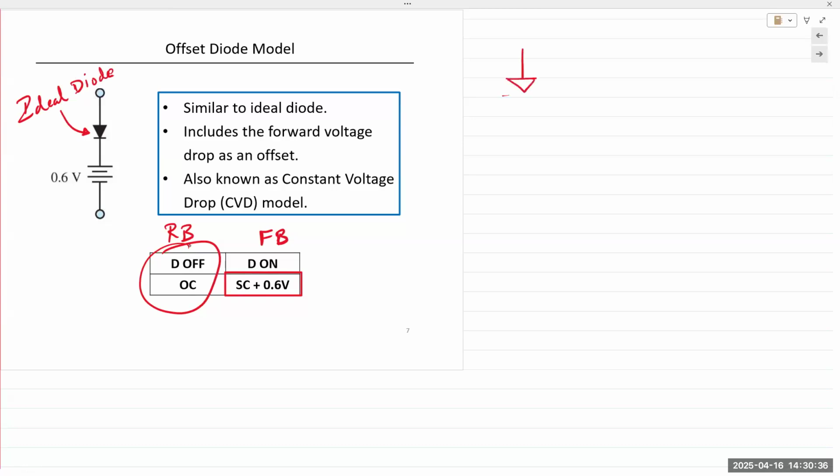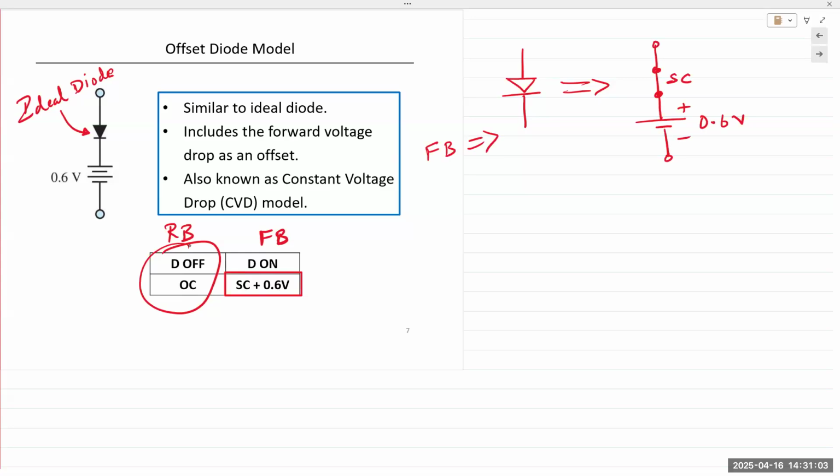So the offset diode model would look like this. Forward bias, it's a short circuit and a voltage source of plus 0.6 volts. This is of course forward bias.